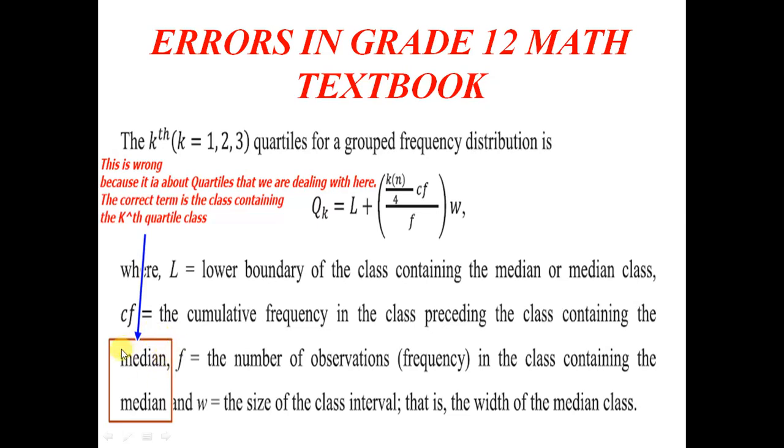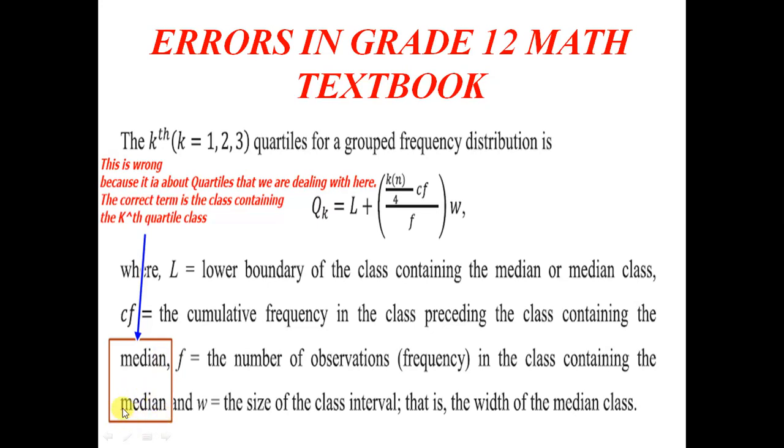As we know, there are 3 quartiles, and therefore for quartile 1 it must be the first quartile class, n over 4, and for the third quartile again we say 3 times n over 4. That is the kth quartile class, and therefore instead of median the correct word must be the kth quartile class here.